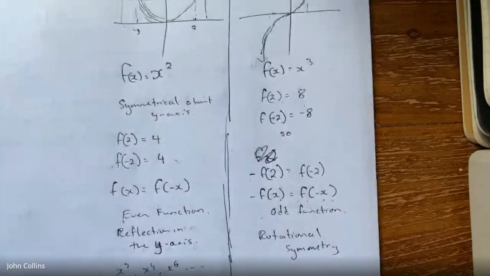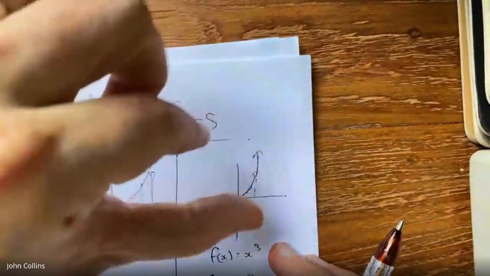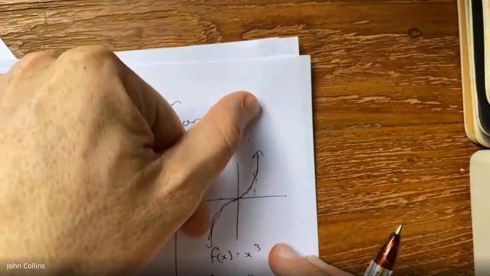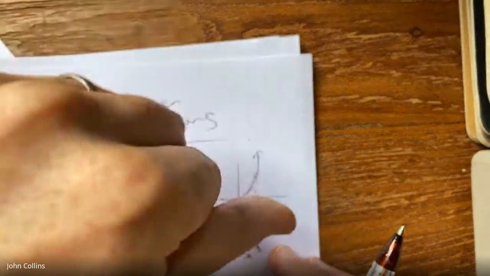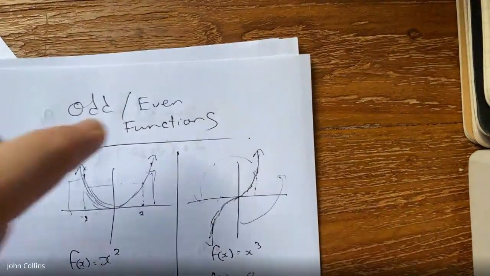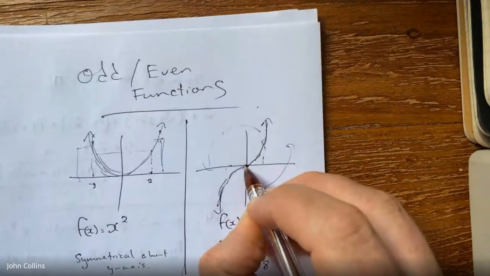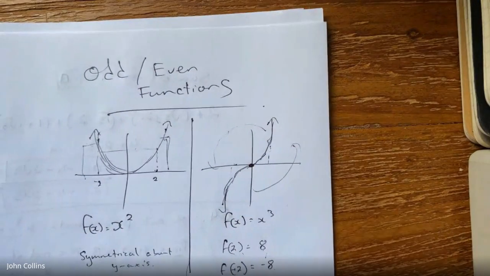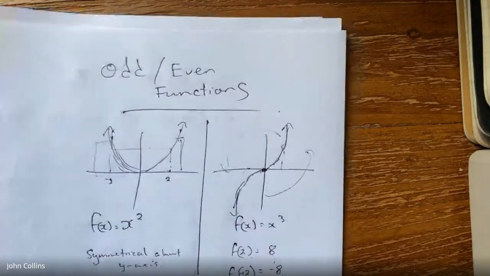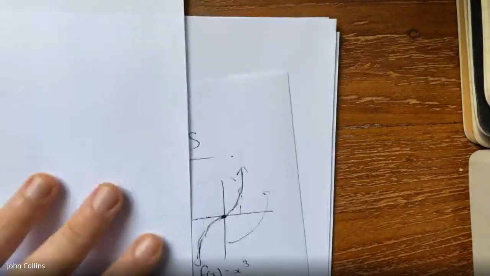So the function has a rotational symmetry. If you rotated this around, as Rigel says, 180 degrees about this point, it would end up back on itself. And if you want to test that, we can just trace it.